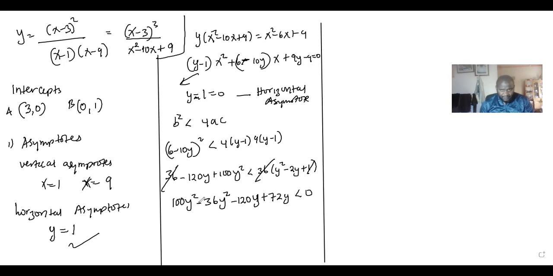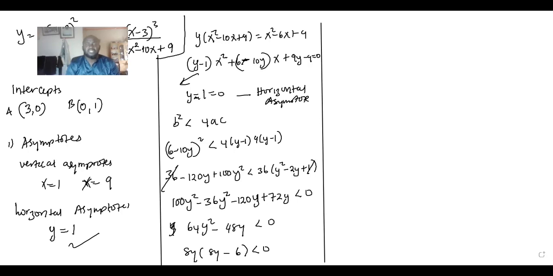This one will confuse you. So finally we get 64y squared minus 48y less than 0, giving me 8y times (8y minus 6) is less than 0.